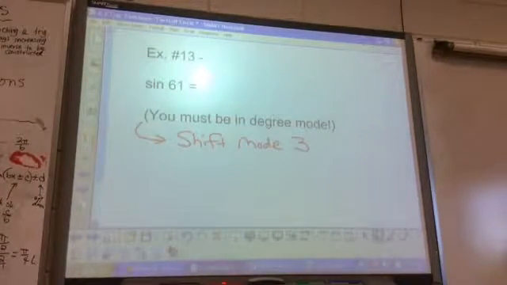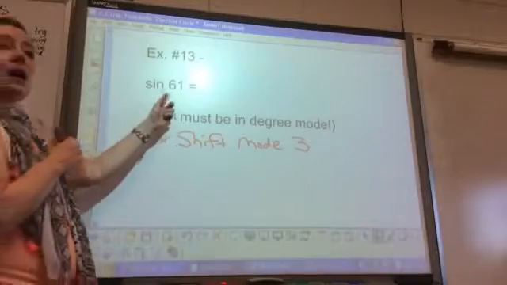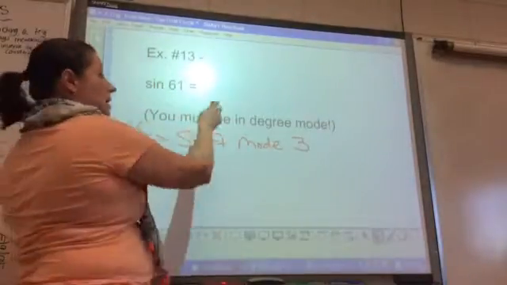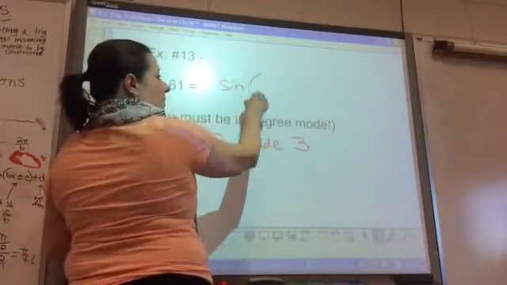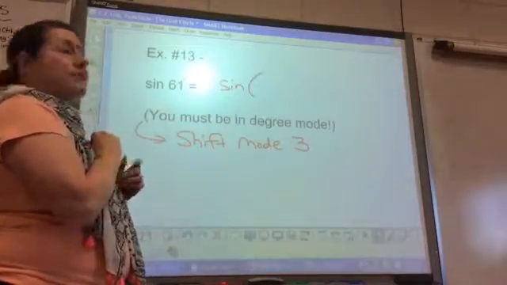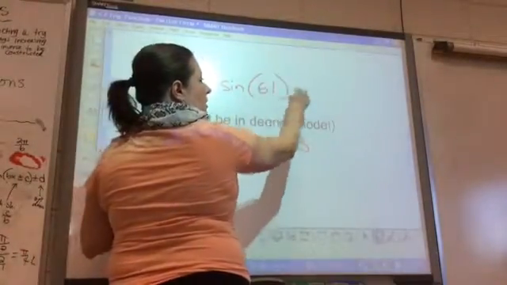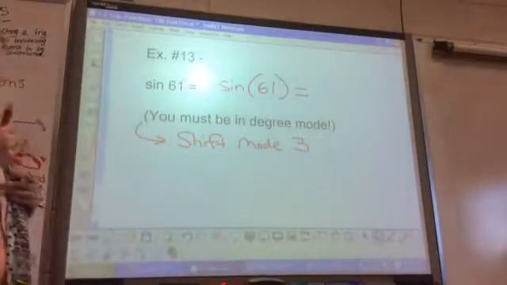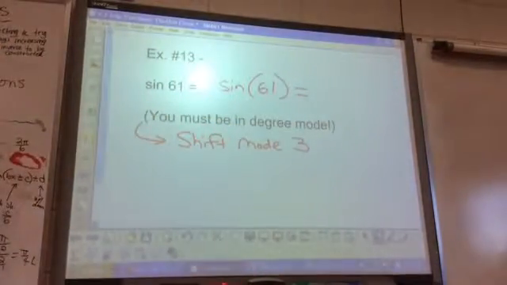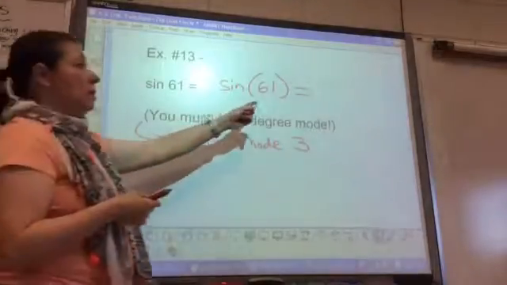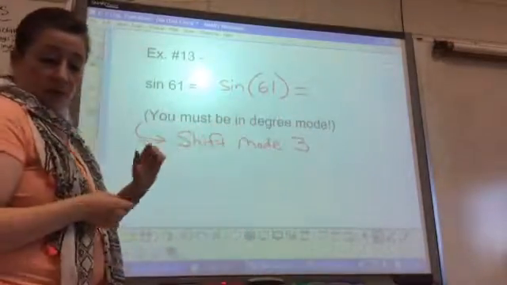All right. So y'all got to watch the problems because they'll flip-flop back and forth. Once you put it in degree mode, you can type. Then you can hit sine, and it's going to open up like this. And then you can put 61. You don't even have to put a degree on it because you already got it in degree mode. You probably don't even have to close the parentheses, to be honest.